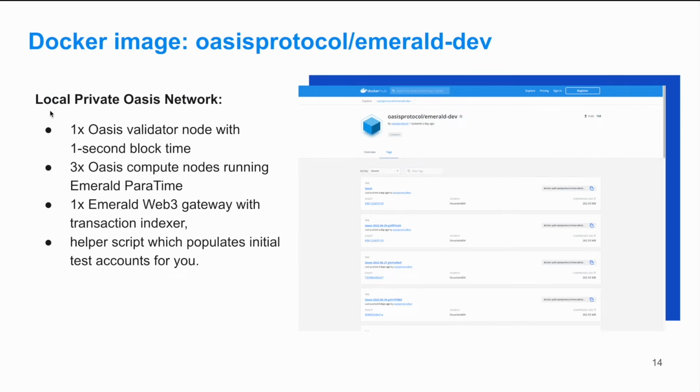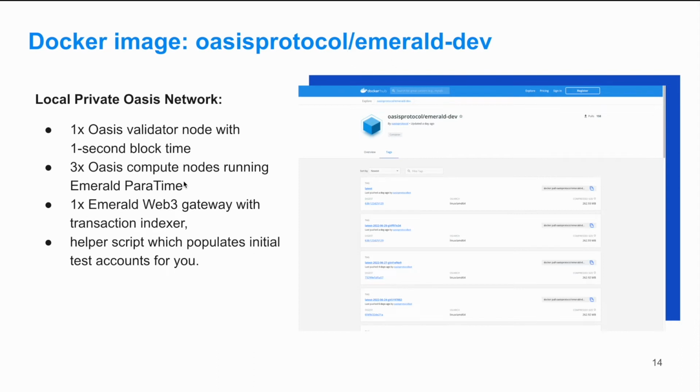What does that mean? You will get your local private Oasis network, right? With all the components needed to test the whole stack of your dApp. What you get is actually one validator node with only 1 second block time.